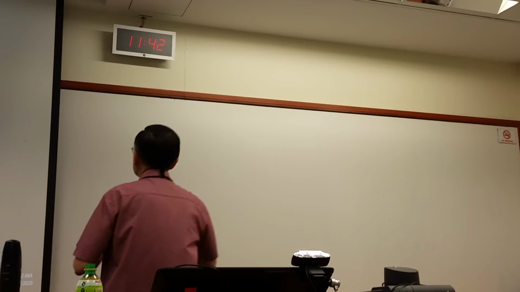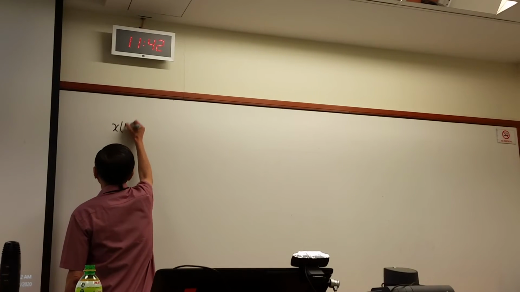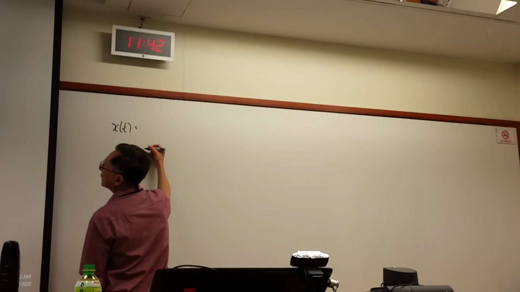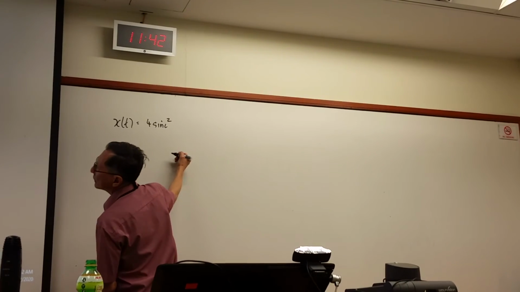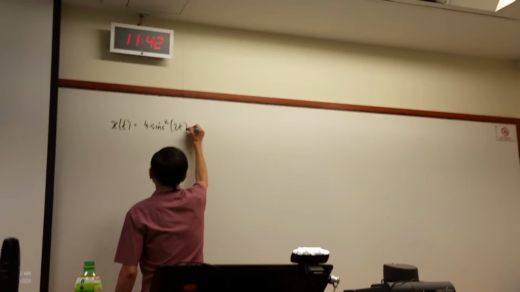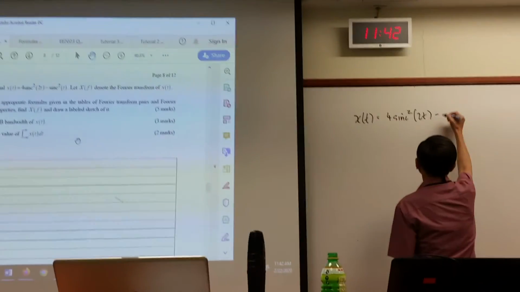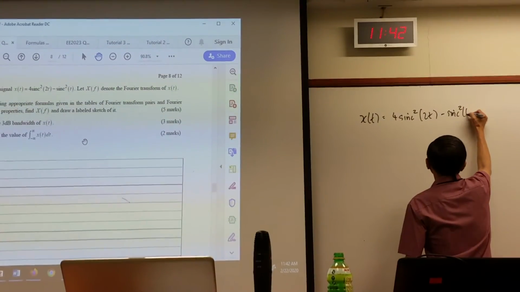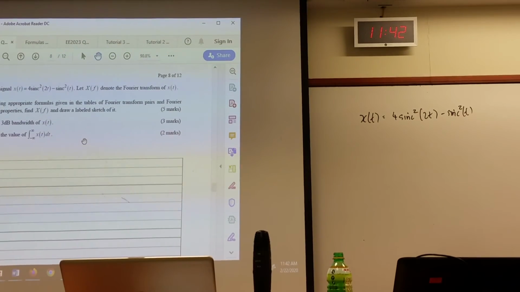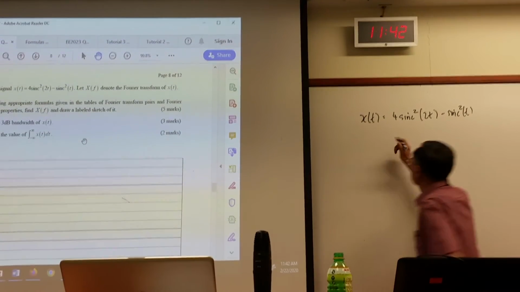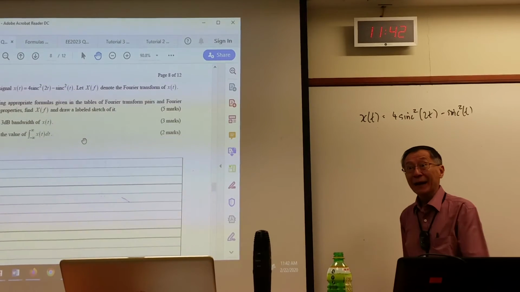Okay? So we're given xt, 4 sin squared 2t minus sin squared t. Okay, I hope you know how to use your Fourier transform thing. Right, this sin squared.